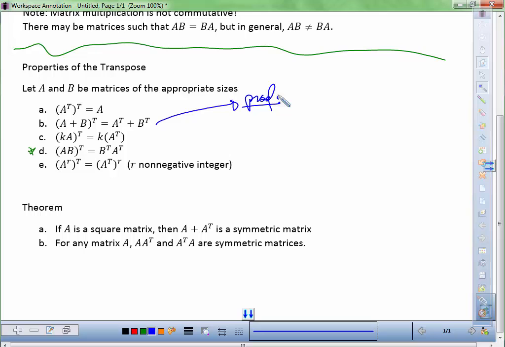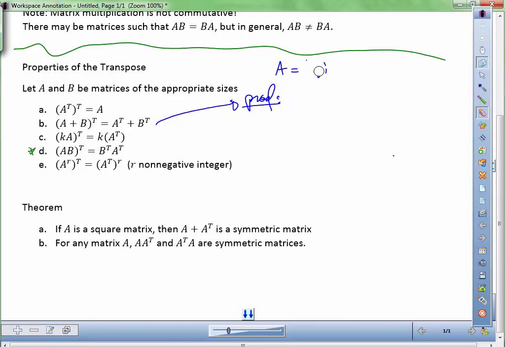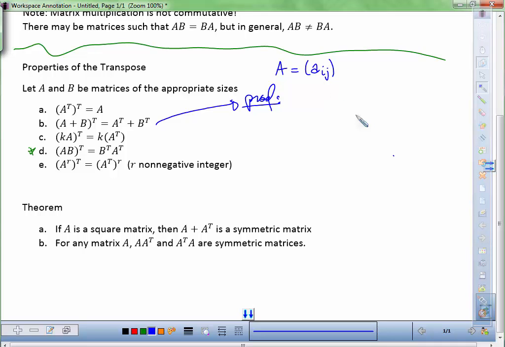So we have the transpose of the sum. So we have to take the sum of matrices and then take its transpose. Let's establish a couple of things. Let's say A is going to be the matrix. Remember this notation, ij? What that would represent is each element in the matrix in the appropriate ith row and jth column will have a different number.